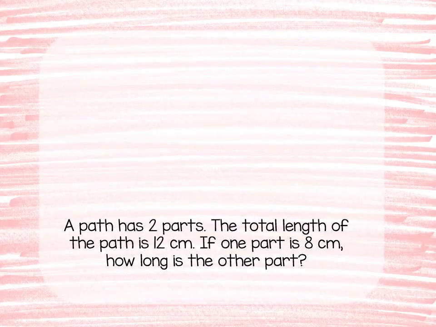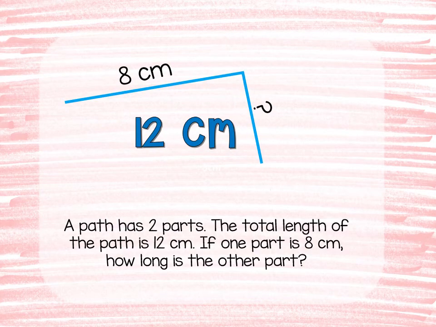Now let's try something different. Think about this problem. There's a path that has two parts, like the ones we just saw. If the total length of that path is 12 centimeters, and one part is 8 centimeters, then how long is the other part? So we have a path in blue.